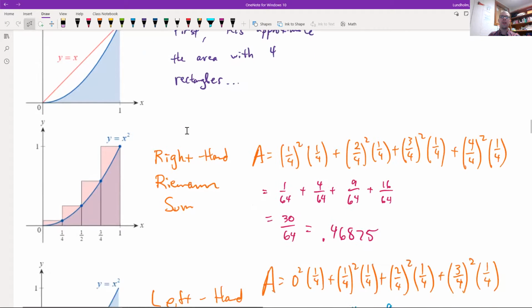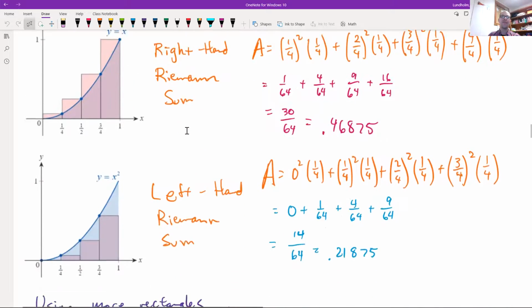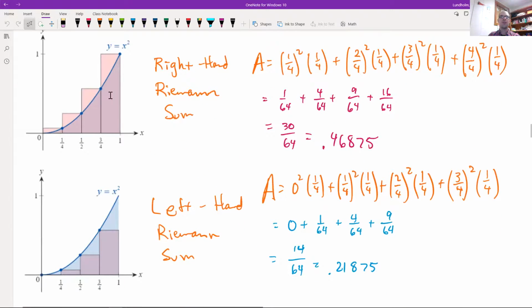Now, you saw in the video that we have some freedom in how we set these rectangles up. This first example that I have here, we're splitting up the interval from 0 to 1 into 4 equal sections. So each one of them is 1/4 of a unit long, or at least wide. And then the height of each of these rectangles for a right-hand Riemann sum is given to us by the right-hand endpoint of that interval.